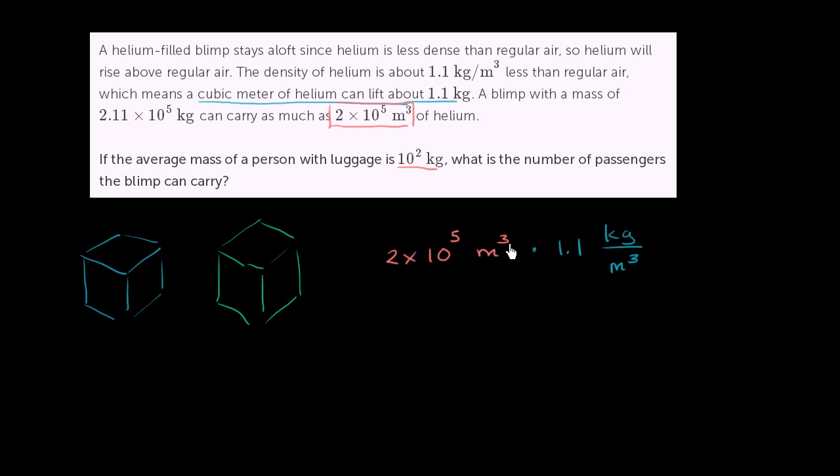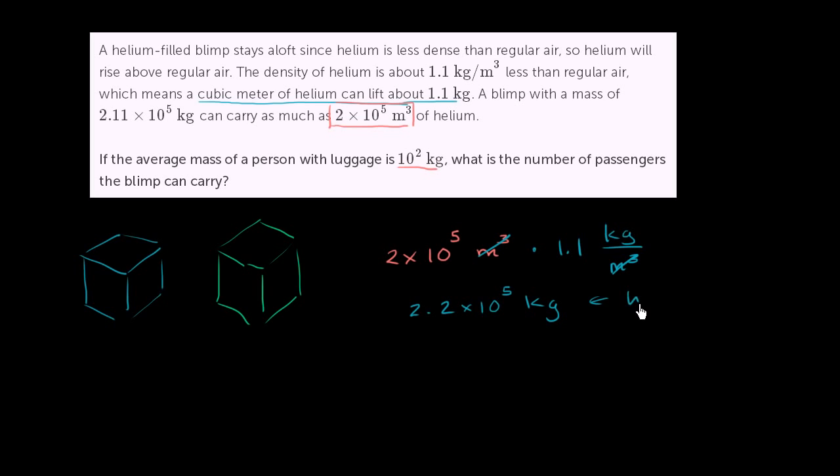Well, our units cancel nicely. This gives us the mass of kilograms that we can lift. Meters cubed canceling with meters cubed. You'd have a meter cubed in the numerator, meter cubed in the denominator. Our dimensional analysis allows our units to cancel just like numbers would in fractions. And so we're left with 2 times 10 to the 5th times 1.1. Well, 2 times 1.1 is 2.2. So this is going to give us 2.2 times 10 to the 5th kilograms is how much we can lift.